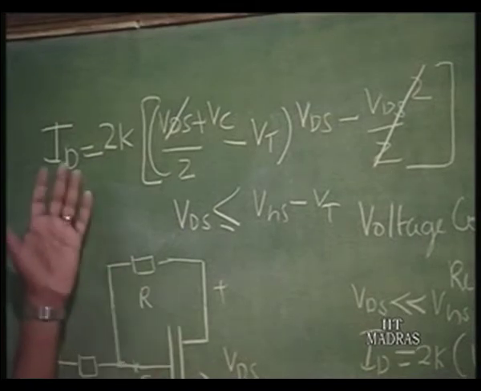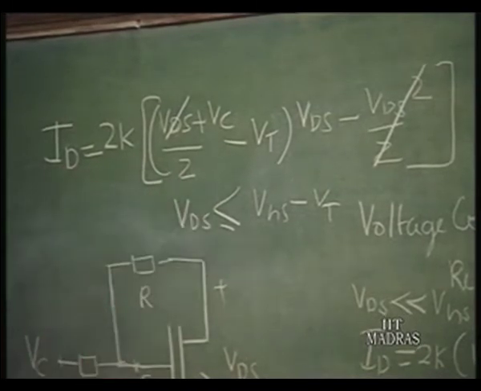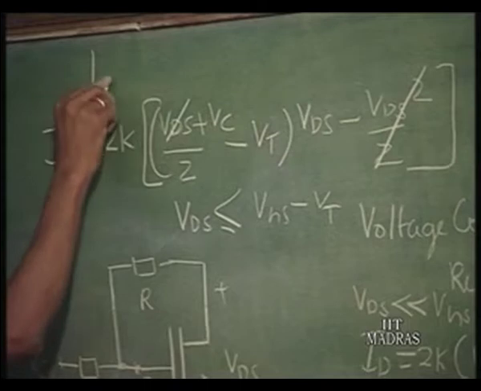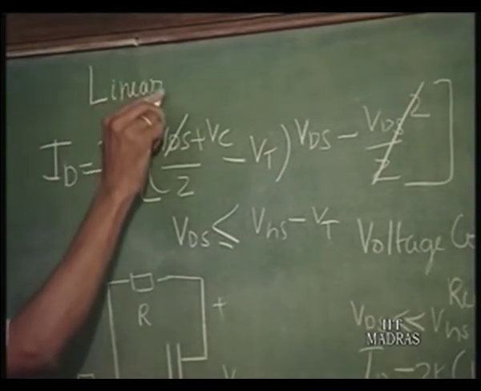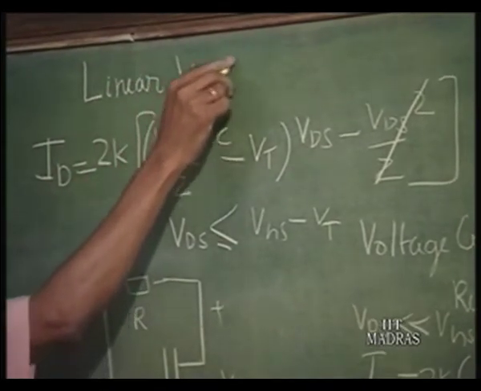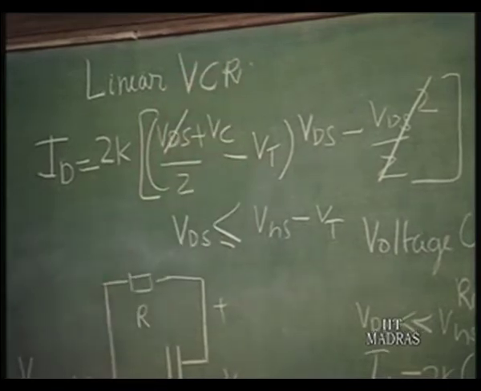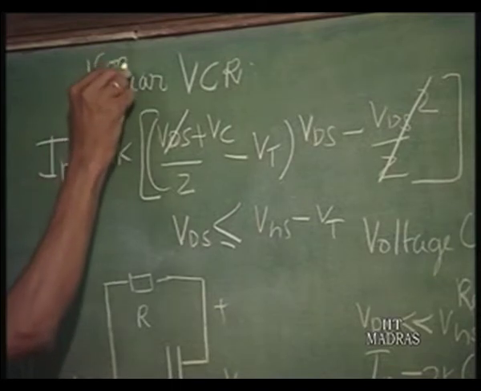Okay. So, in that region, triode region, you can straight away use it as a linear voltage controlled resistor, right. Linear in the sense the conductance is linear.